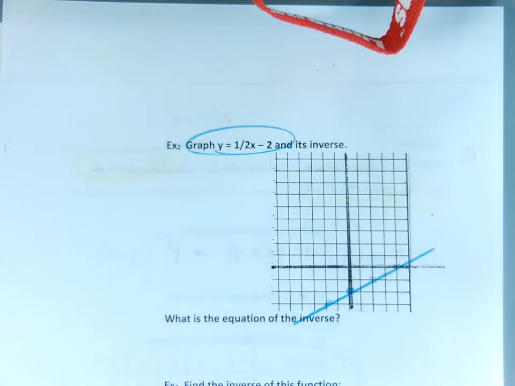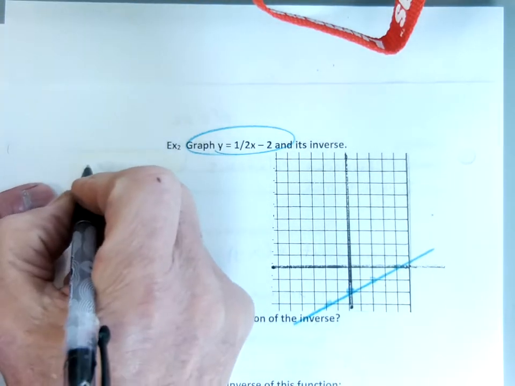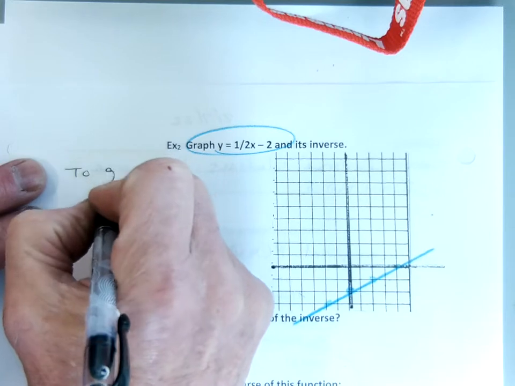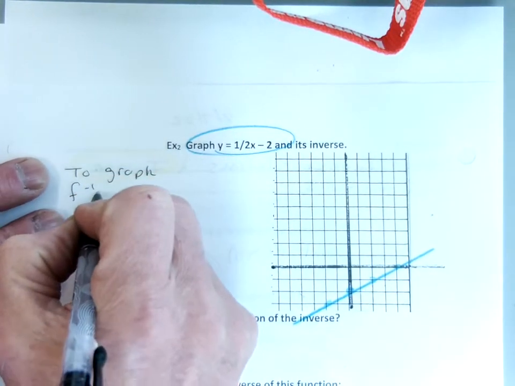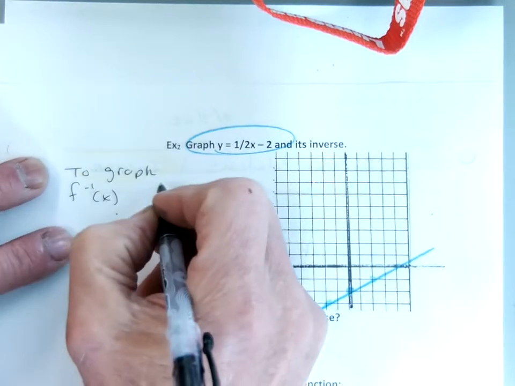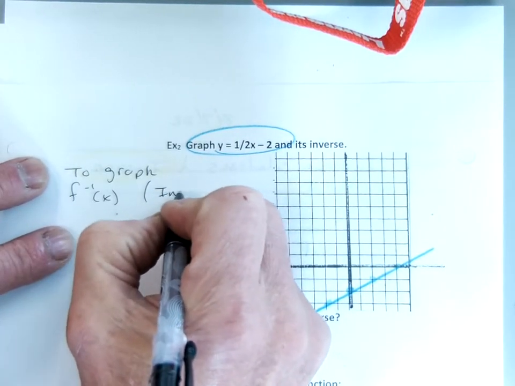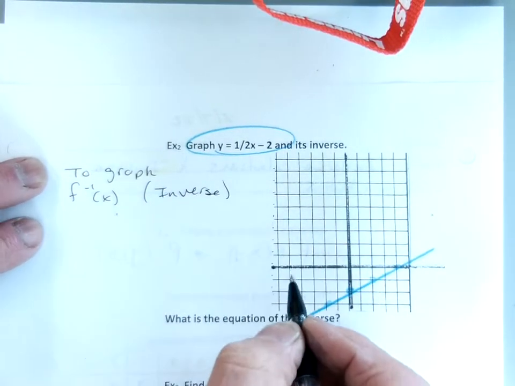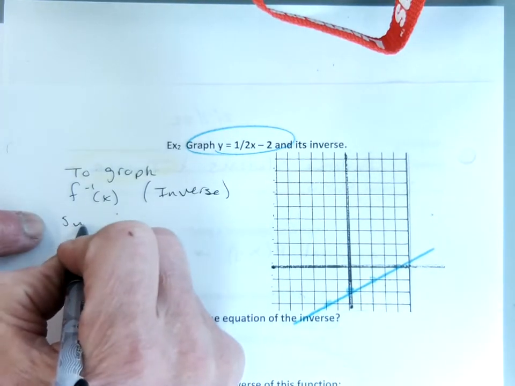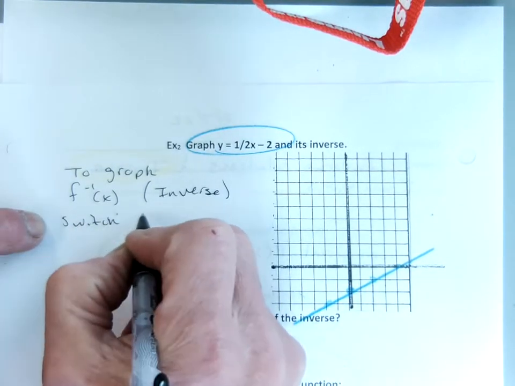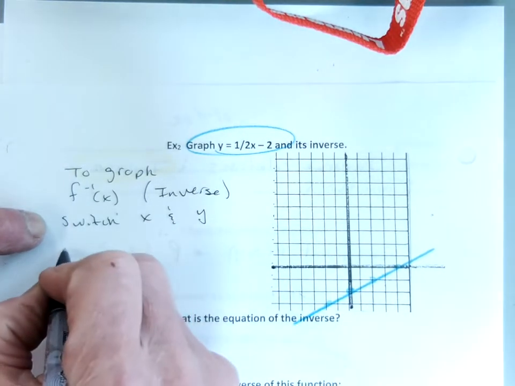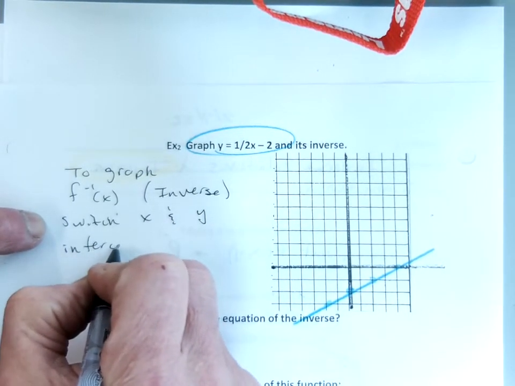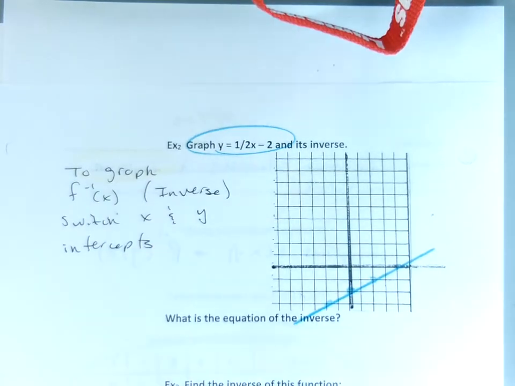So what I'm going to do is I'm going to graph f inverse of x. That's my inverse, right? I'm just going to switch x and y intercepts. All right, I'm going to circle those points so you guys can definitely see, okay?